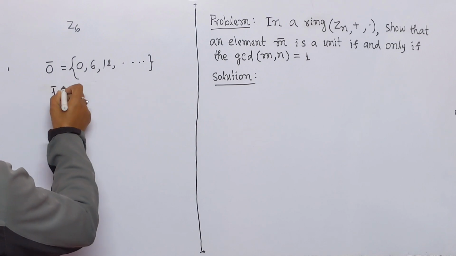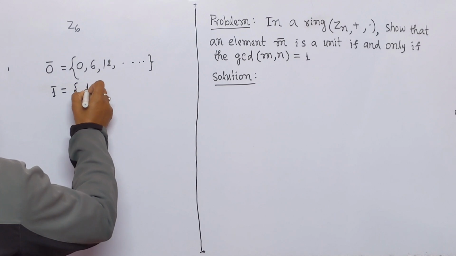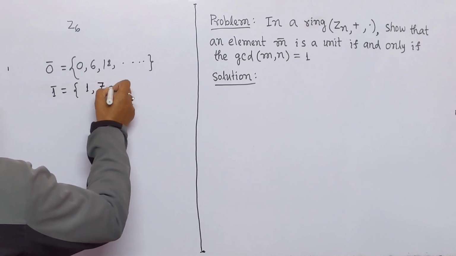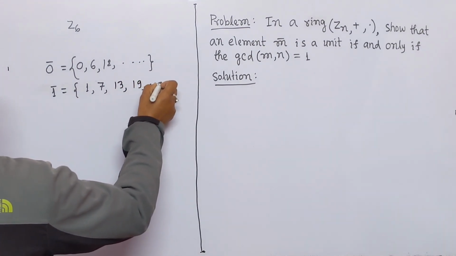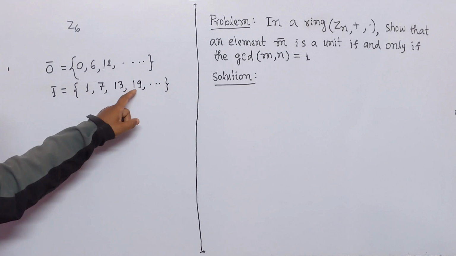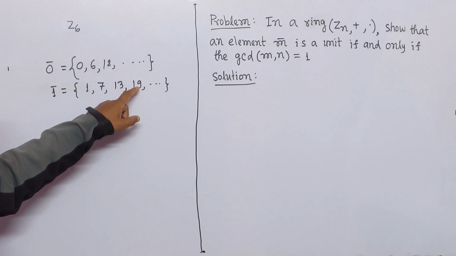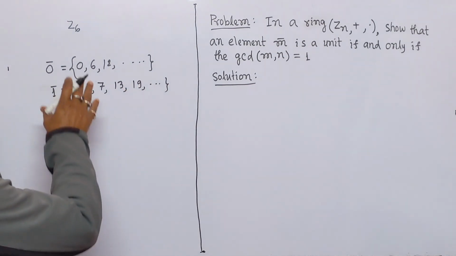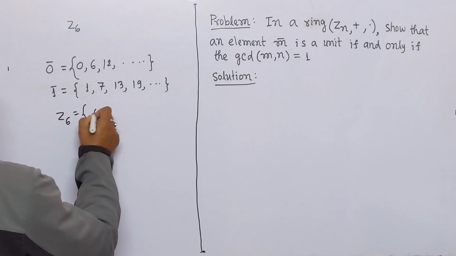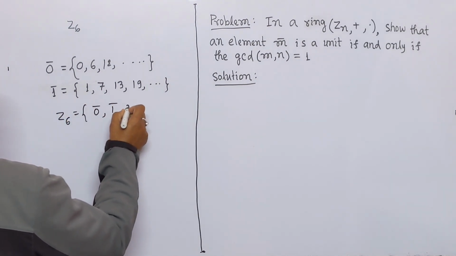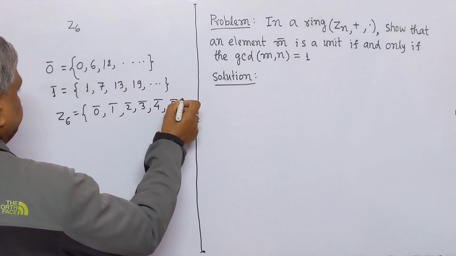Similarly, 1 bar means a set containing elements 1, 7, 13, 19 and so on. If we divide 19 by 6, 6 3s are 18, remainder 1. And in this way we get the elements of Z6 as 0 bar, 1 bar, 2 bar, 3 bar, 4 bar, 5 bar.